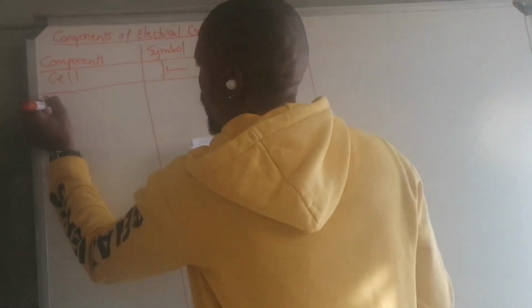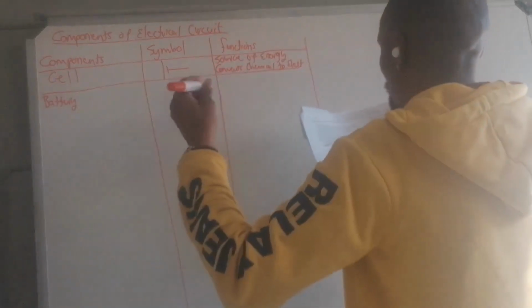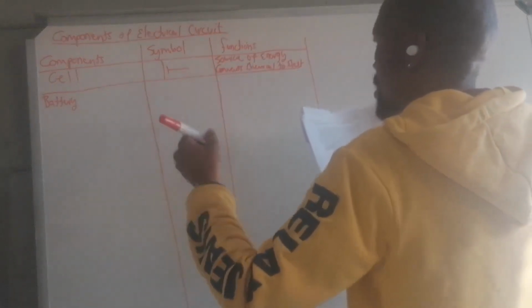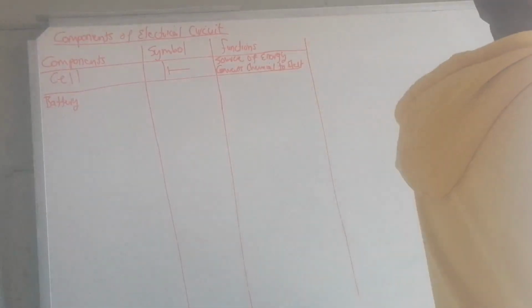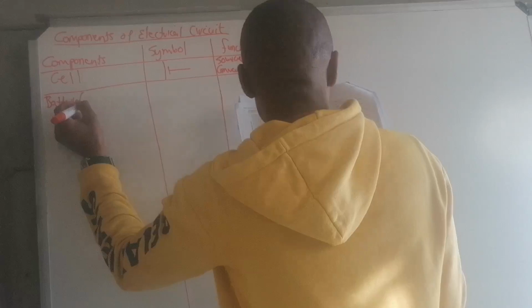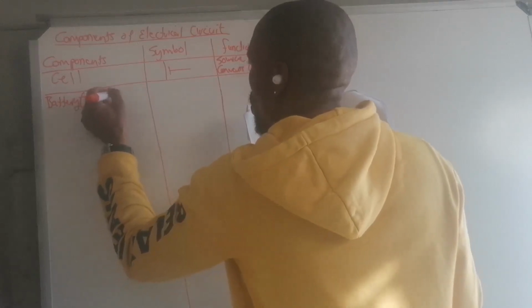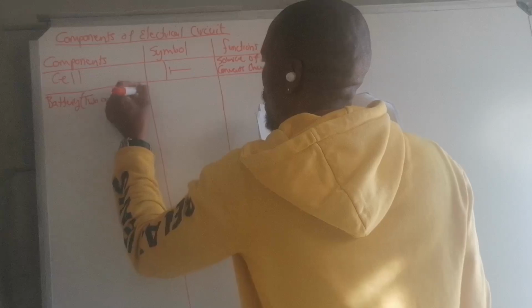So we have a battery. What is this battery? It is two or more cells connected in series, because you want to amplify the energy that is supplied to the circuit. A battery consists of two or more cells.